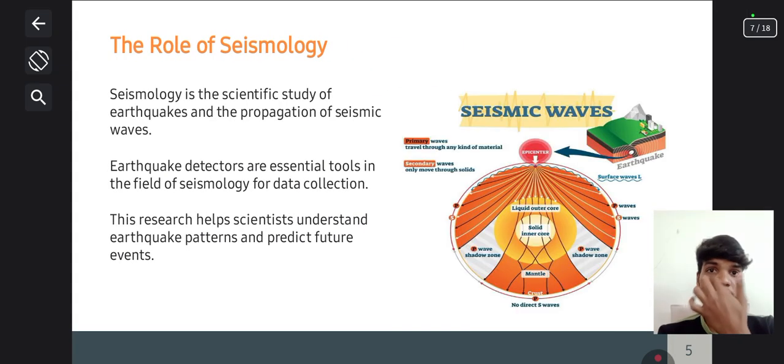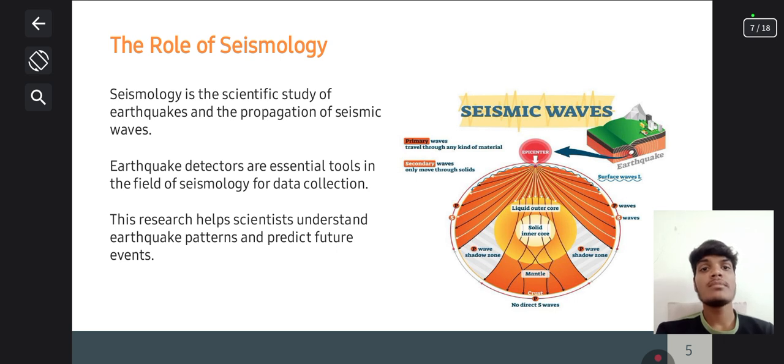Next, the role of seismology. Seismology is the scientific study of earthquakes and the propagation of seismic waves. It is very important for us. Earthquake detectors are essential tools in the field of seismology for data collection.